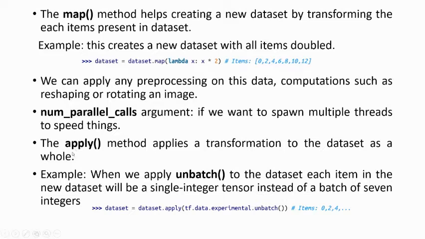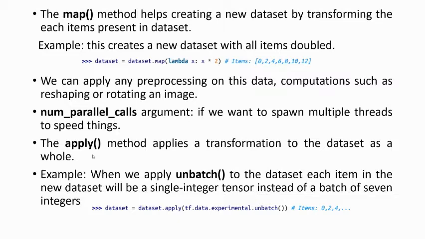Now let's move on with the next method, that is the apply method. Apply method is a method which we use for the transformation on the data set as a whole. That is, we are not going to apply the transformation on each and every item as compared to the map method.